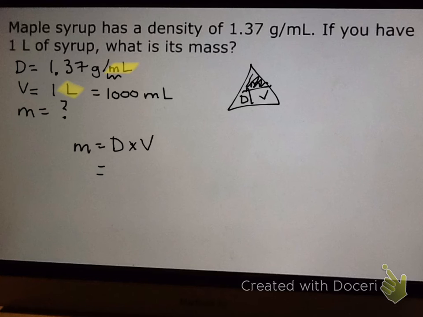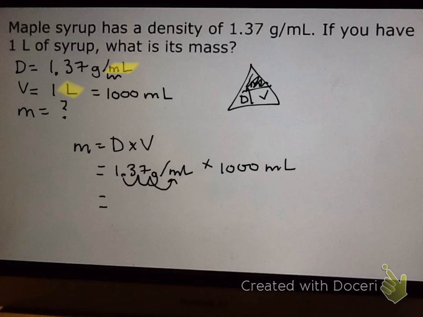So my density is 1.37 grams per milliliter. And my volume is 1,000 milliliters. So now I'm going to multiply them. In this situation, I hopefully don't need to use my calculator, because I see it's 1,000, I know that I'm going to move my decimal place over 3 times to the right.